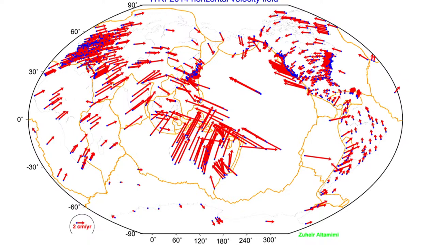You can see the dynamic nature of the convection current. Because of that, the plate movement is not the same, and it is also going in different directions. That's why it becomes very important.